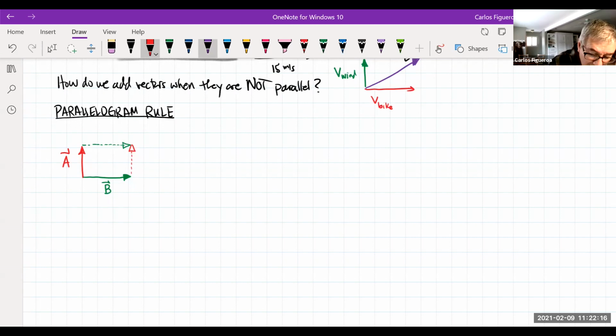So now I connect the two tails to the two tips.